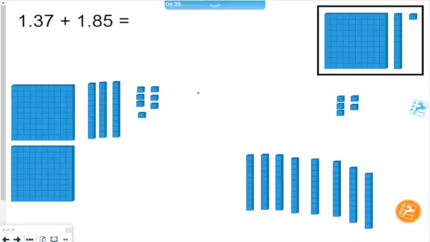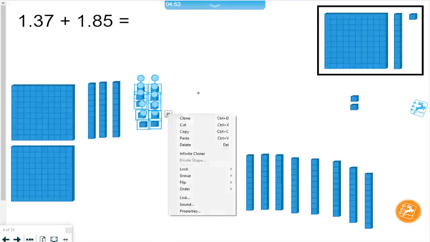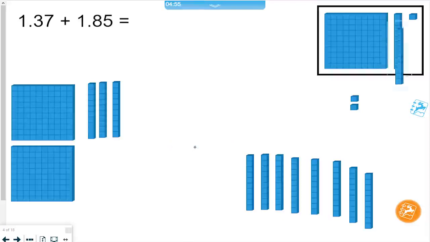Now, this time I'm going to start with my hundredths. I know that I have 7 right here, 8, 9, and 10. So I know that 10 hundredths equals 1/10. So now we're going to line up my tenths.